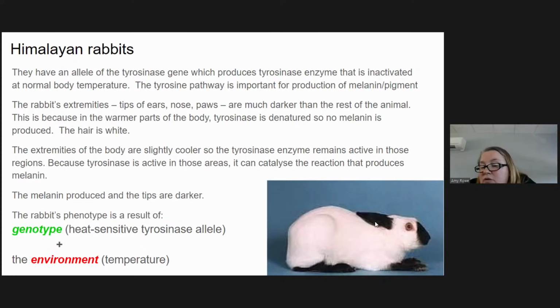It's able to catalyze the reaction to create melanin. Because the tyrosinase in these areas is able to create melanin, that melanin pigment accumulates and gives our rabbit the black nose, black ears, and black paws.